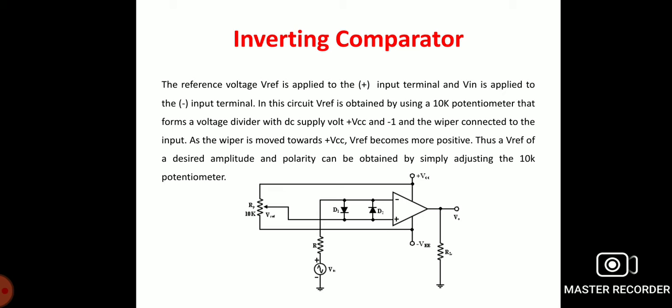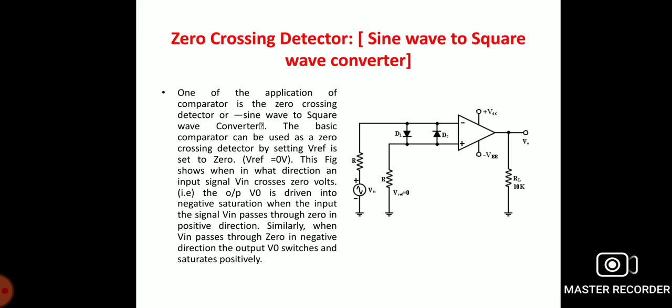Now the zero crossing detector, a sine wave to square wave converter. One application of the comparator is the zero crossing detector. The basic comparator can be used as a zero crossing detector by setting the reference voltage to 0. The figure shows when an input signal crosses the 0 voltage.